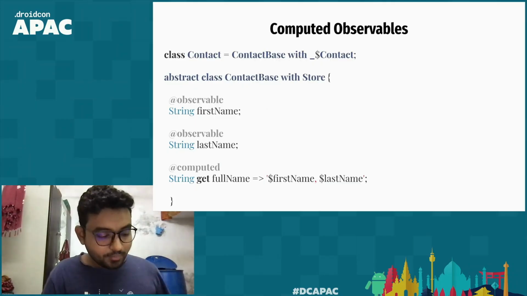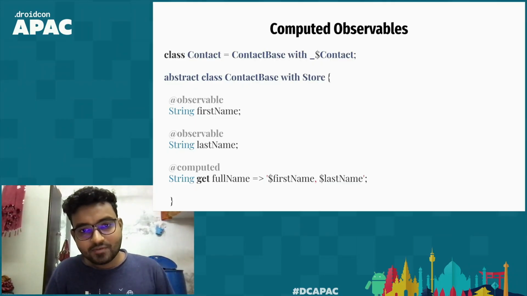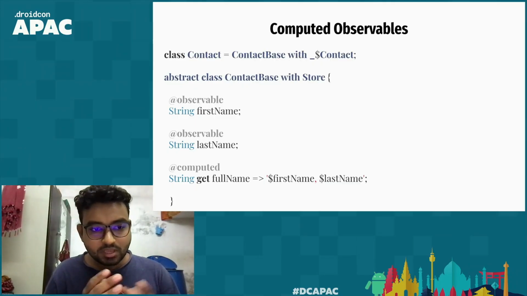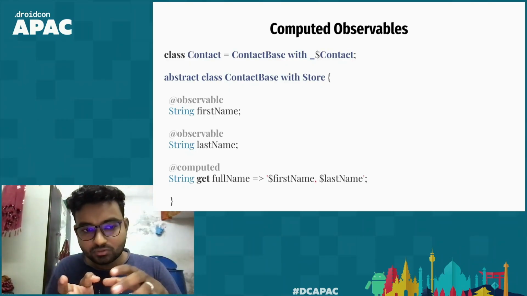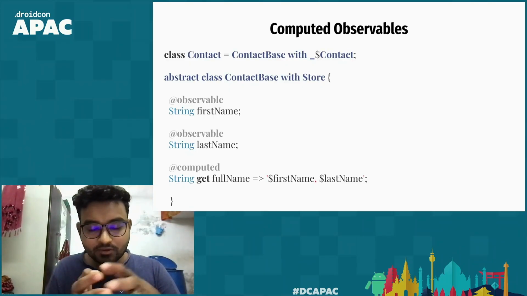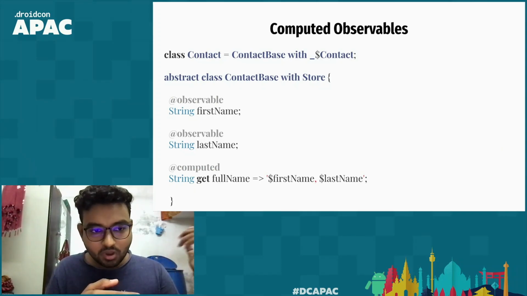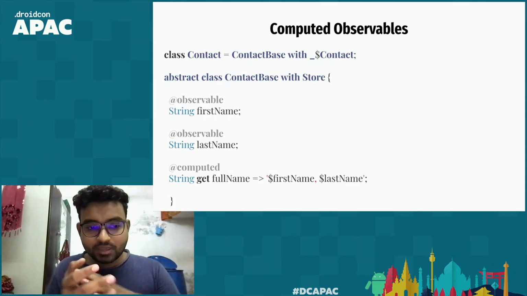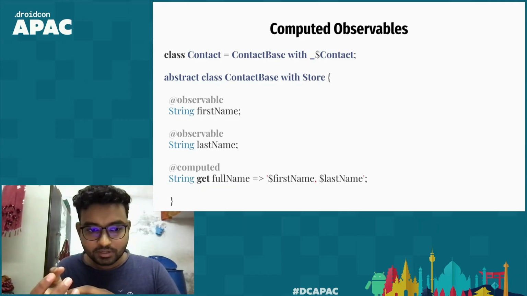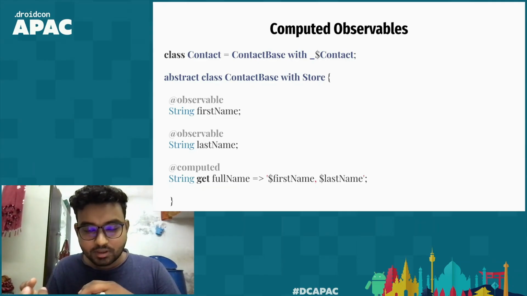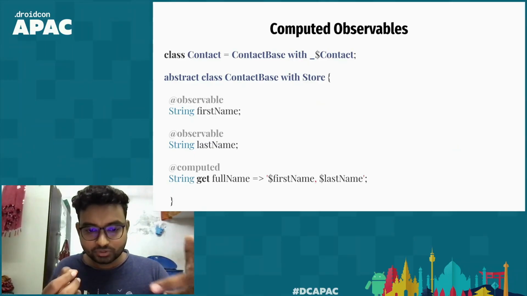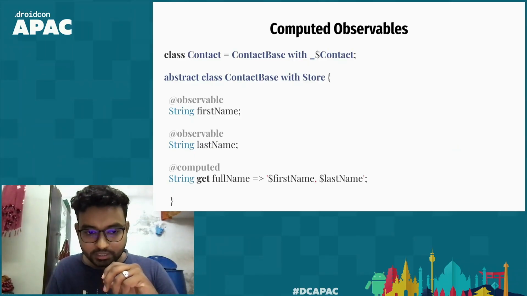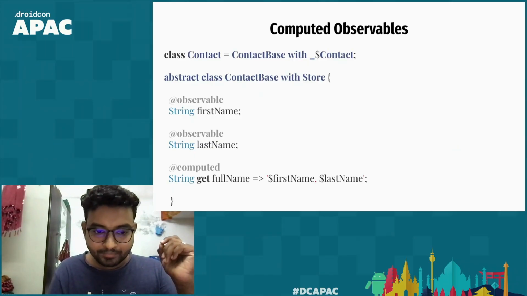Then apart from observables, we also have computed observables. So here is a basic example of a context store. In our context we have a first name and last name. We are going to define them as observable, and then we have a computed observable. So it is again observable, but whenever the first name or last name changes, it will automatically update our full name.